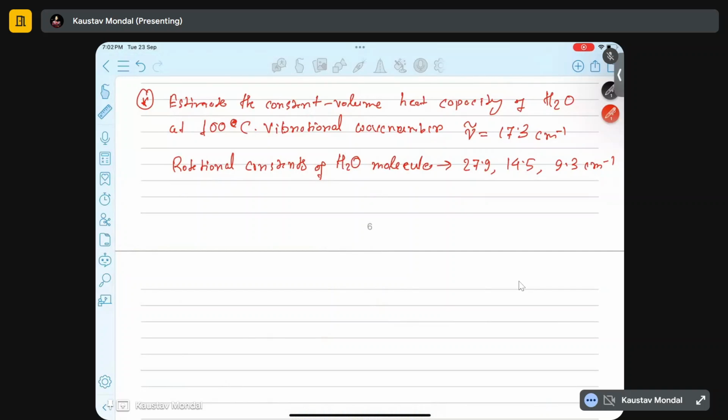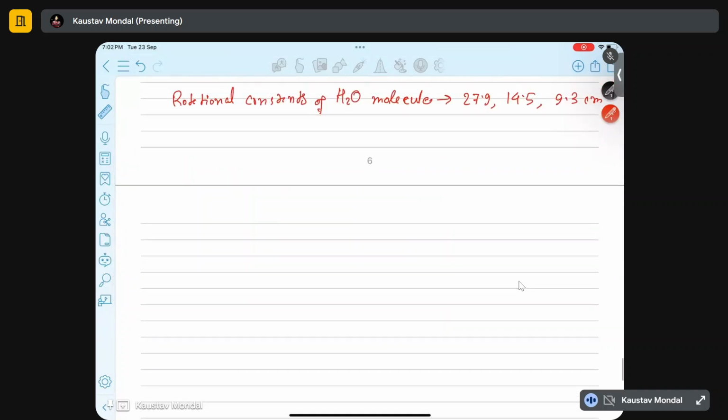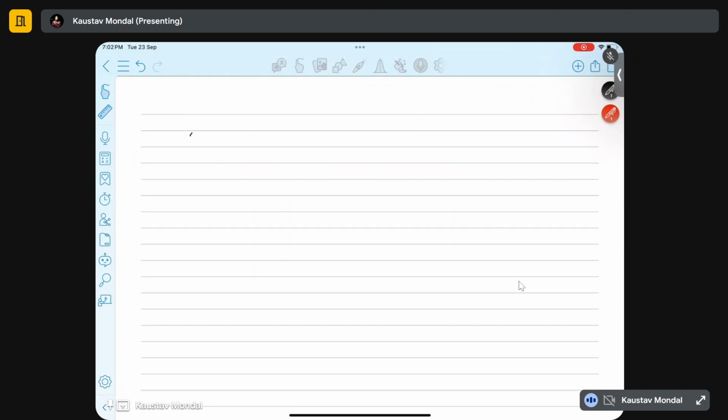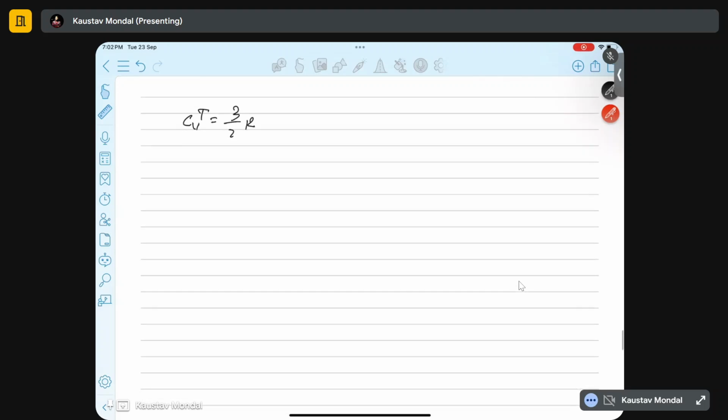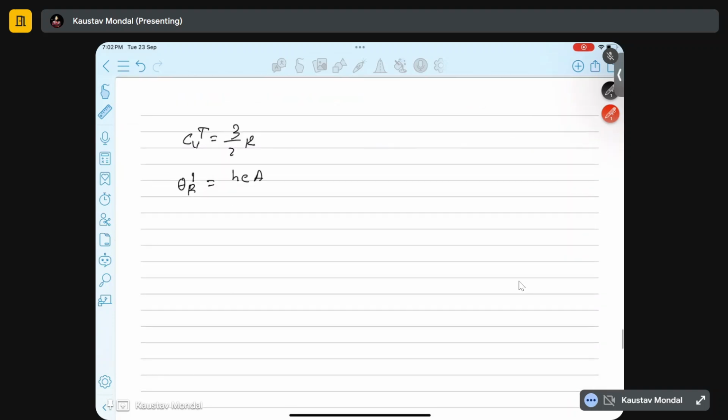Now what we have to do here: the translational case is always simple. CVT is 3/2 R. For the rotational case, you have to check the θ_R values. There will be three θ_R values, since three rotational constants are there. So θ_R1 will be hcA by k.